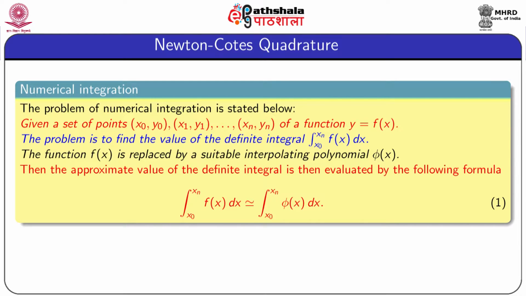Then the approximate value of the definite integral is evaluated by the following formula. That means the integral from x0 to xn of f(x) dx is approximately equal to the integral from x0 to xn of phi(x) dx. So this is the main principle of the Newton-Cotes quadrature formula.